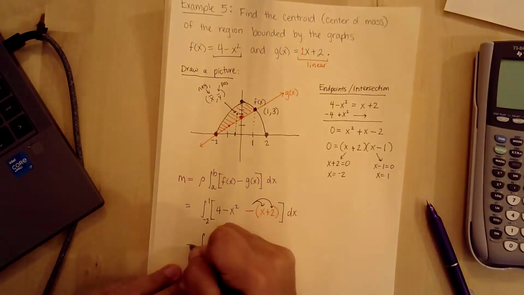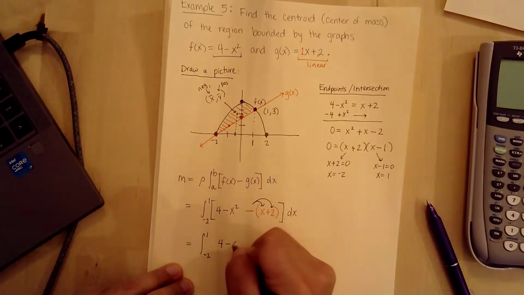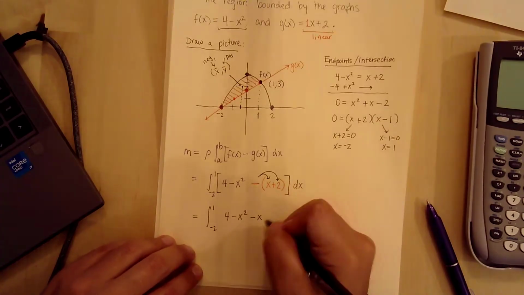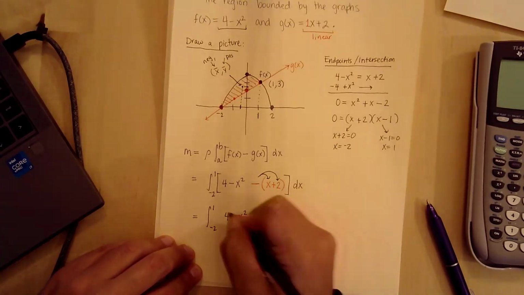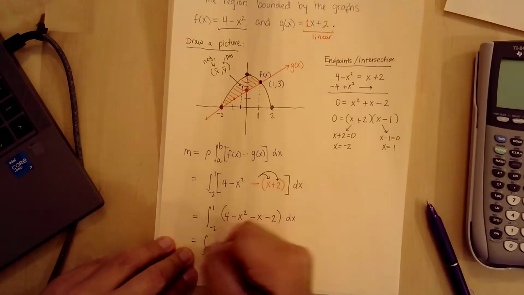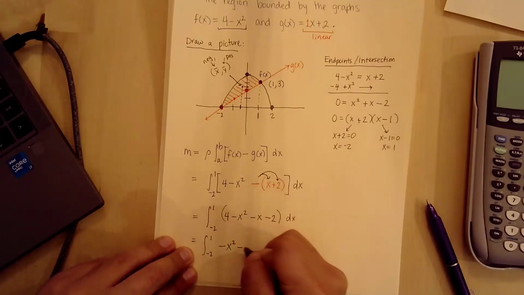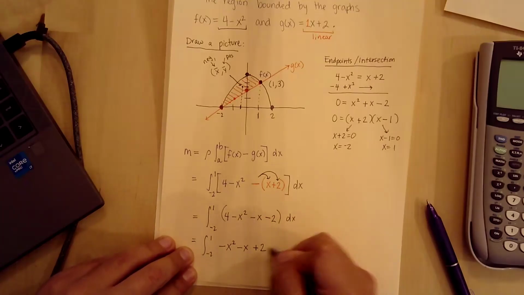So we're integrating from -2 to 1, 4 minus x squared minus x minus 2 dx. We can combine like terms. So this will be -x squared minus x, and then 4 minus 2 is going to be a +2 dx.